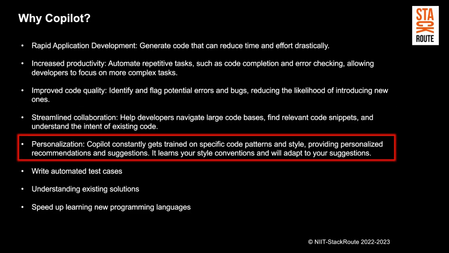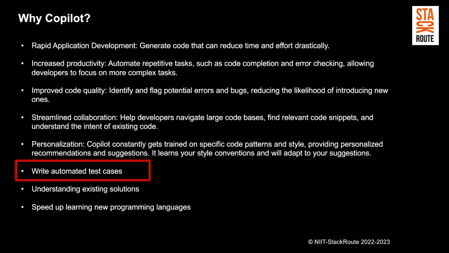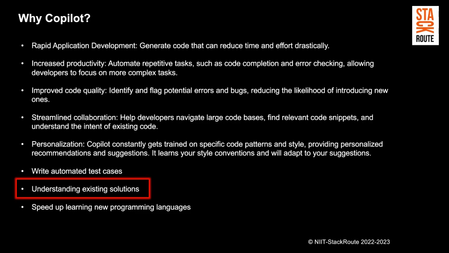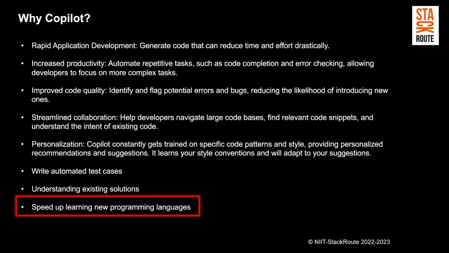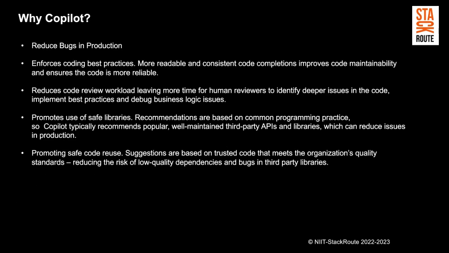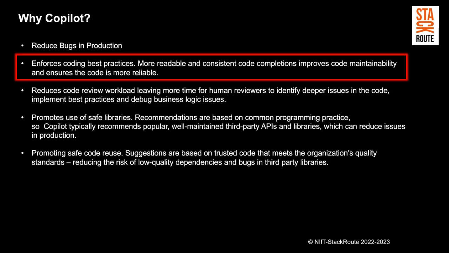Personalization, as you have seen, based on the type of style and code patterns, it provides you with personalized recommendations and suggestions. And it can also write automated test cases. It understands the existing solutions and also speeds up learning new programming languages. Continuing, it can reduce bugs in production and it enforces the best practices.